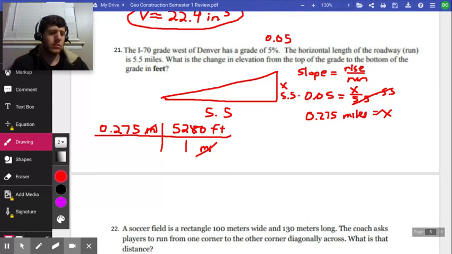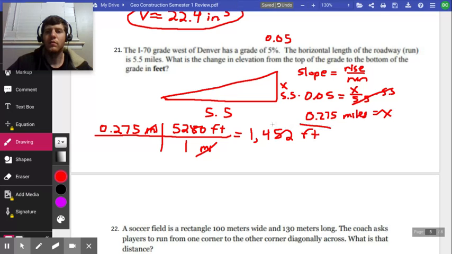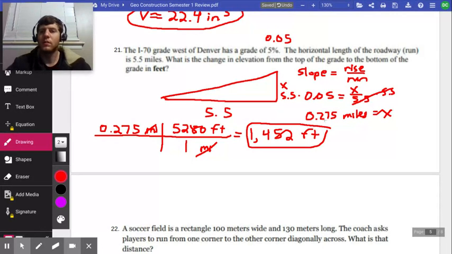So 0.275 times 5,280 is 1,452 feet. That would be our elevation in feet. Our elevation in miles is 0.275. Our elevation in feet is 1,452.